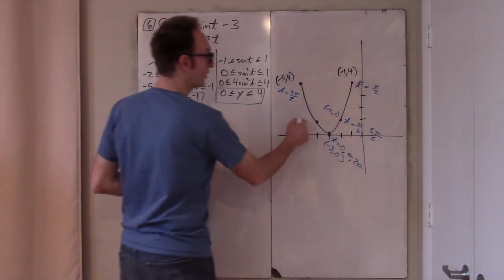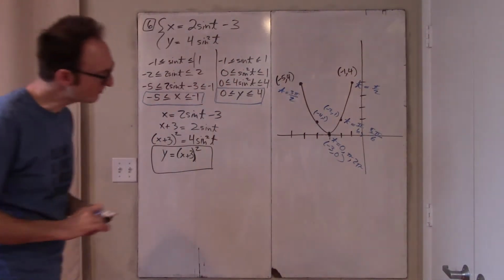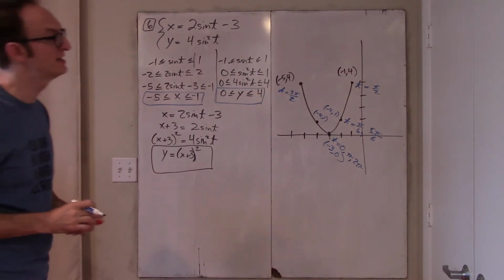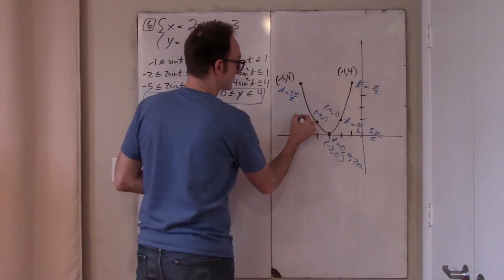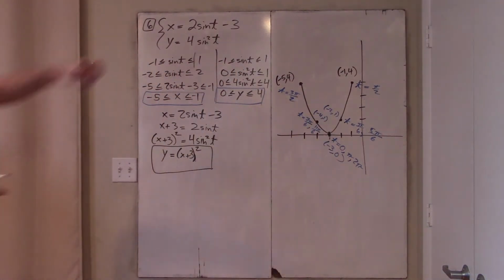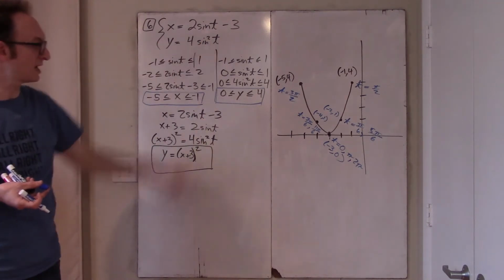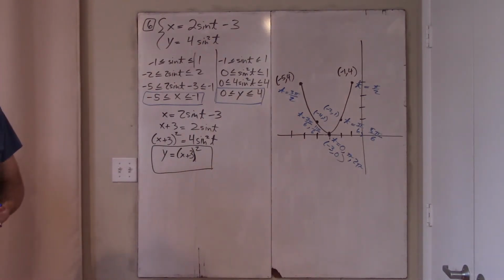And this point over here, this negative 4, 1, is going to happen at t equals 7 pi over 6, and again at 11 pi over 6. You can just trust me on that, or you can do it yourself. Sine of 7 pi over 6 is negative a half, so that becomes negative 4, 1 again. Okay, so this is all good.